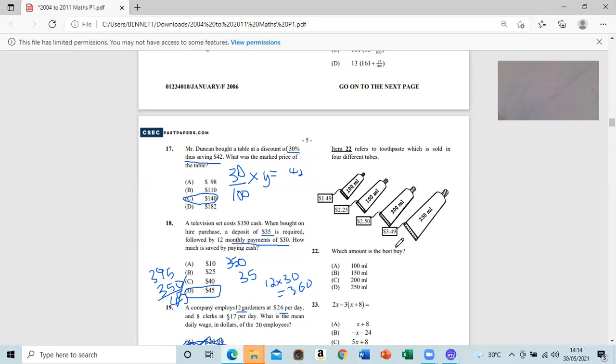Somebody work it out. Sir, it would be C. You worked it out, right? Sir, yeah, first I put the 100 divided by the 1.49, and then 150.